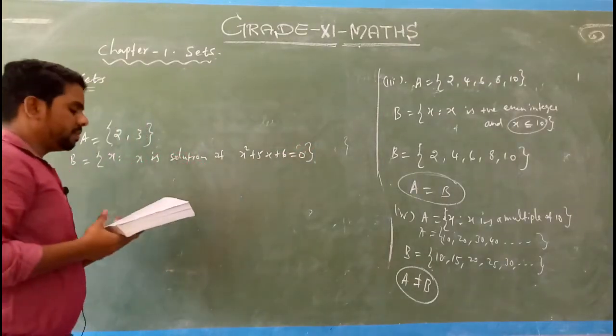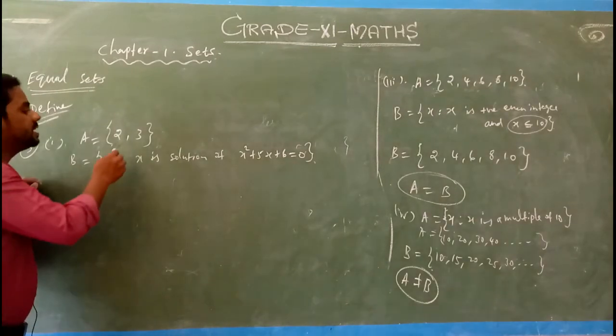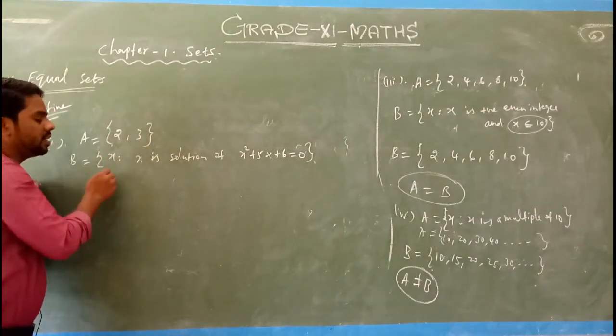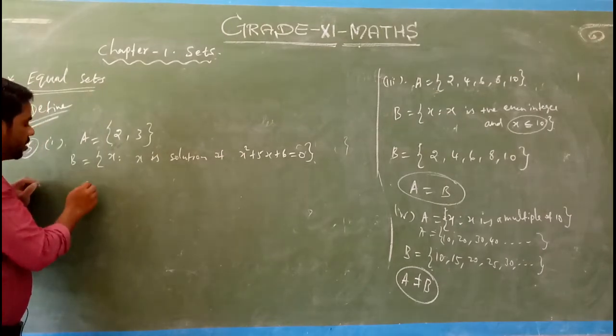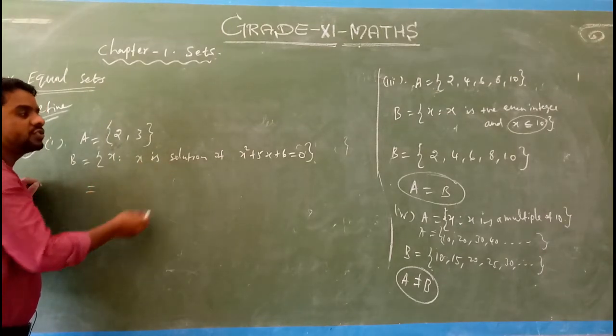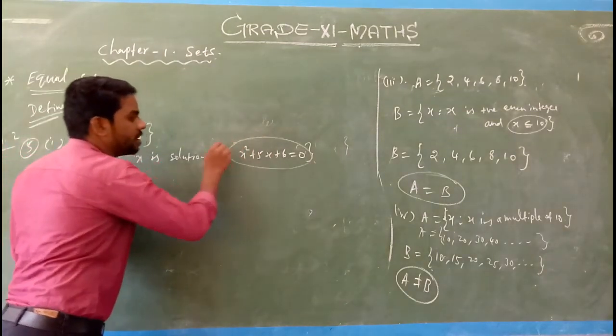Listen, A is in listed form, with elements 2 and 3, and B is in set-builder form. So find the solution of the given quadratic equation.